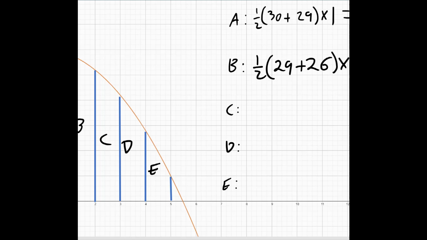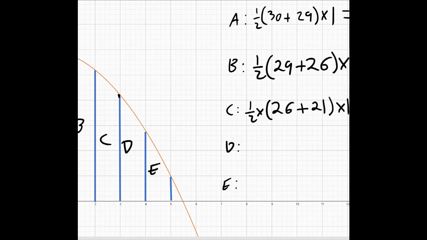For C, we have half, and then 26 plus 21, times 1. 47, half of that should be 23.5.